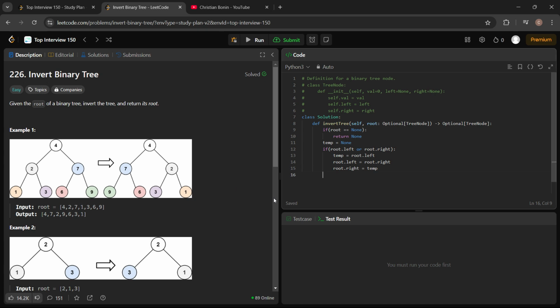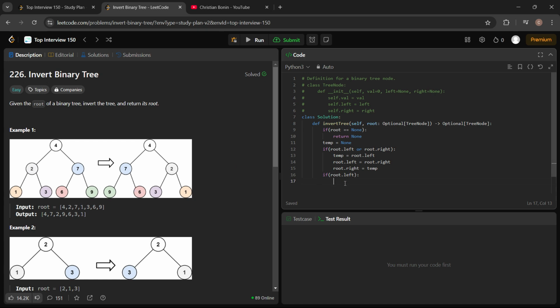So if at this point, if we have a left-hand side, then we need to swap all the child nodes, all the nodes underneath that one. So at this point, 7 would be over here and 6 and 9 would be underneath it.